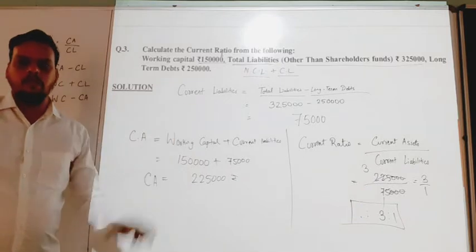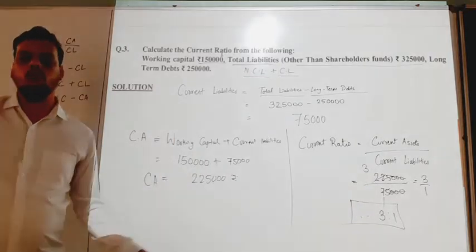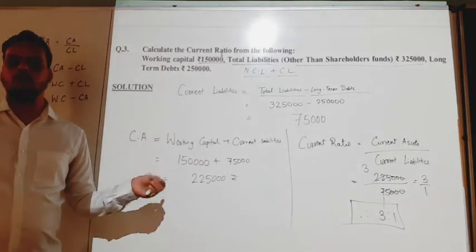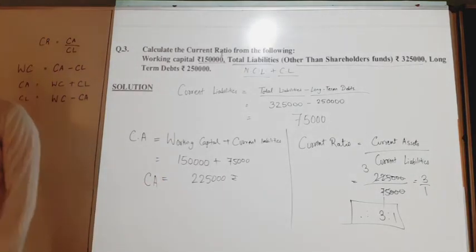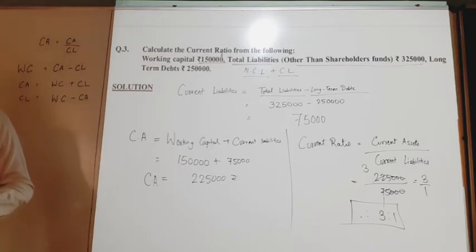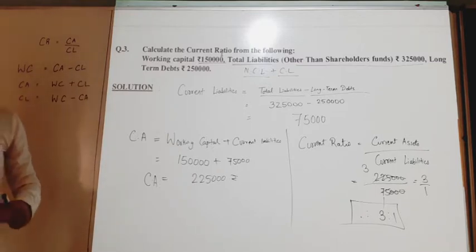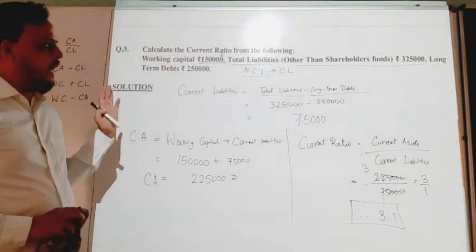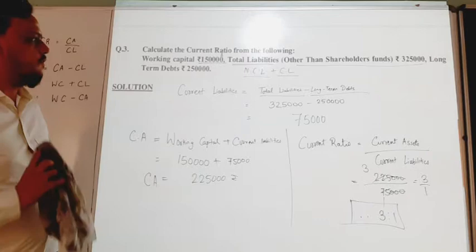Just have a look at this, then we will carry forward with one more question and end the current ratio solutions and questions. Hope you have understood this concept. So I'll erase all this and carry forward with question number 4.